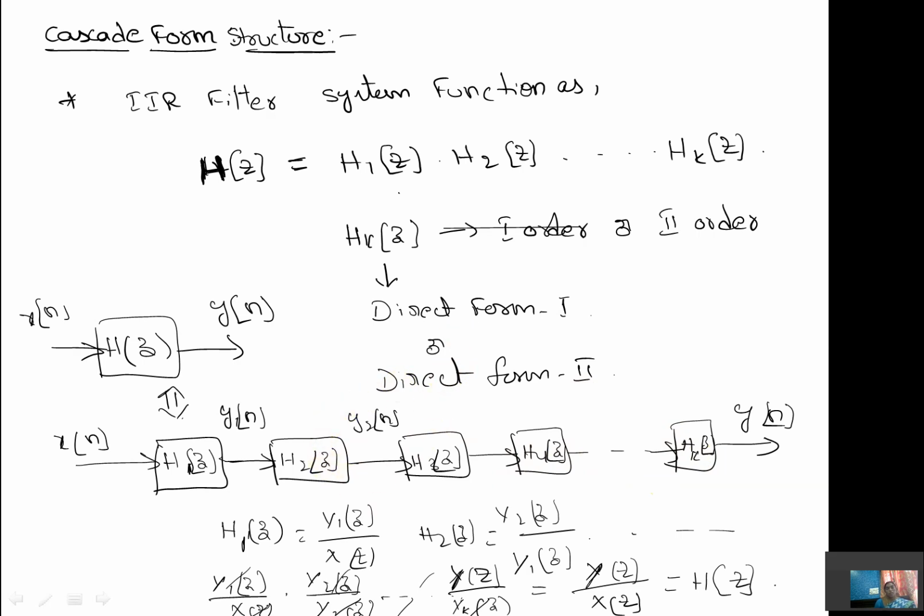Hence H(z) is equal to H1(z) into H2(z) and so on, Hk(z). So cascading form is nothing but multiplication or product of the individual either first order or second order system functions.